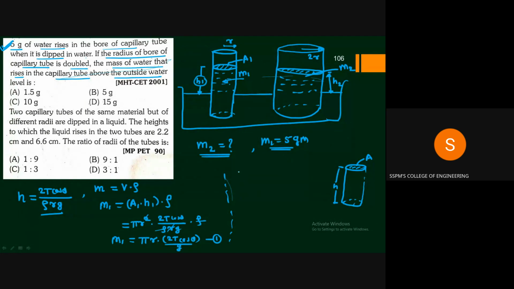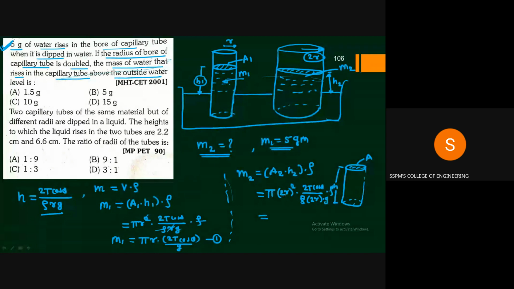For the second tube, the mass will be m2, and the volume will be A2 into H2 into density. What is A2 here? It is pi, the radius is equal to 2r, so it is pi into (2r) square, into H2, which is 2T cos theta upon rho, r means radius, so it is 2r into g into rho. So rho will get cancelled.